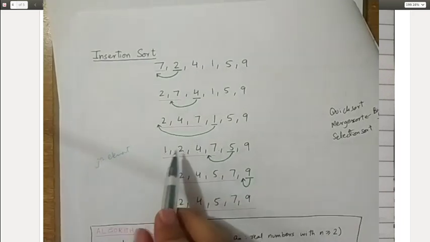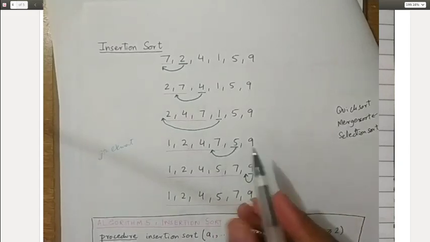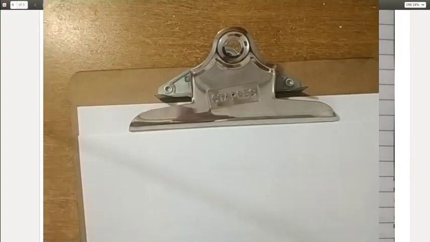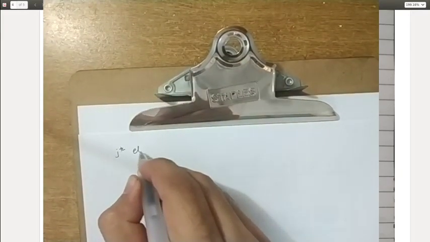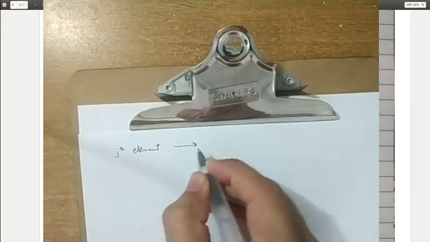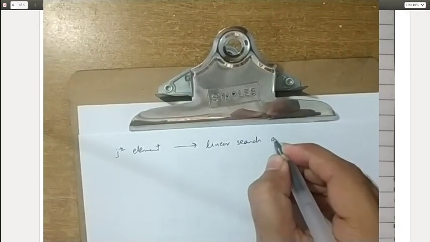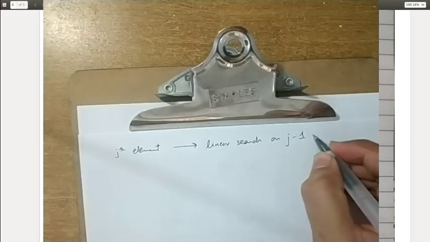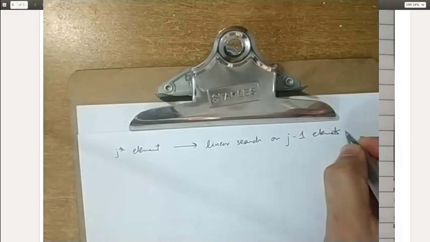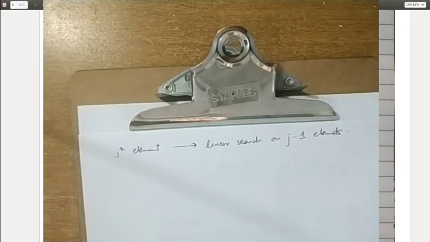So for each jth element, you are doing a linear search on j minus 1 elements. Does that make sense?